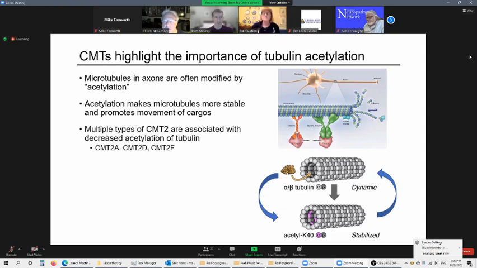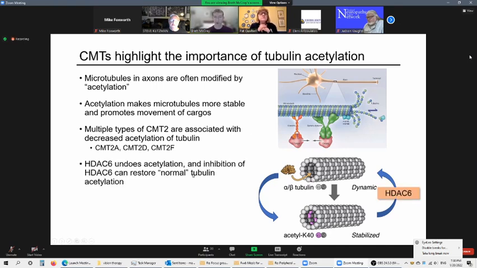And through looking at animal models of CMT, so basically, if you introduce human gene mutations into mice or rats, you can make them have neuropathy, and then you can study why they have neuropathy. And in doing that with a number of different types of inherited neuropathy animal models, they've seen that changes in the acetylation of these tubulin tracks, these microtubule tracks, are associated with inherited neuropathy. So there's something going on that affects the way these microtubules and axonal transport is working.